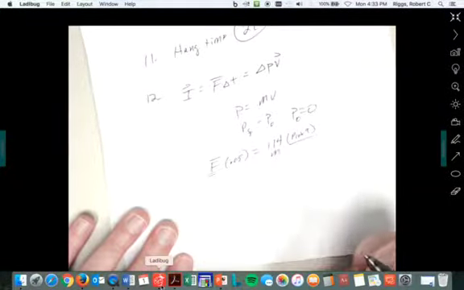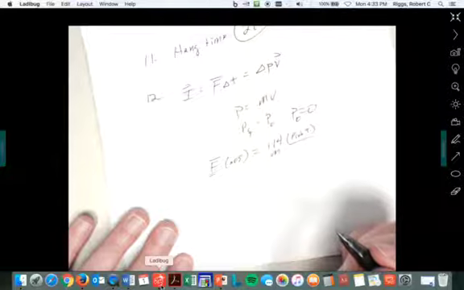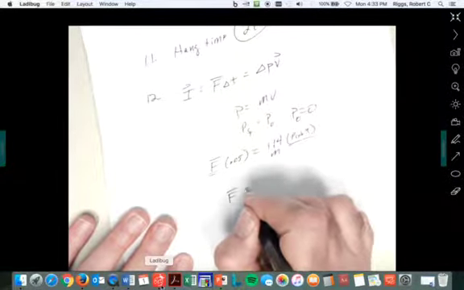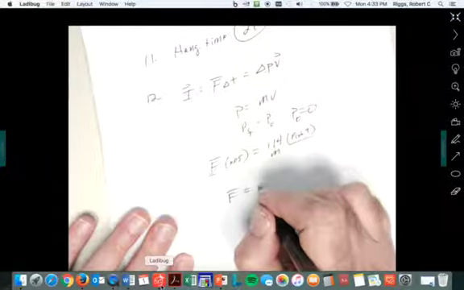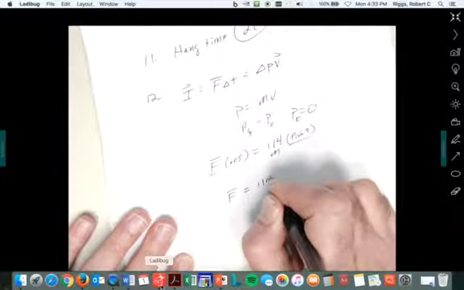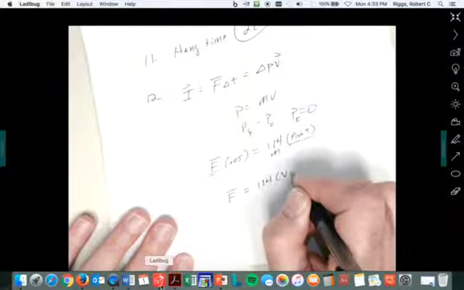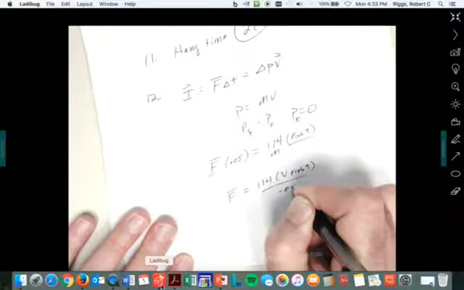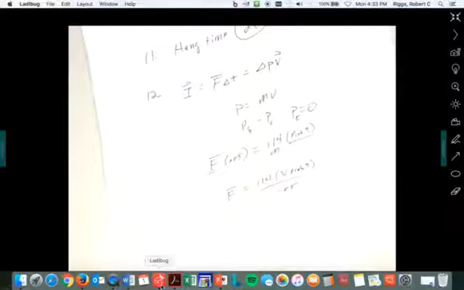The force is the only thing we don't know. That's pretty easy. So the force that he feels is equal to 114 times that velocity from problem 9 divided by 0.05. And it's pretty big. It's a massive amount of force. And if you calculate, it comes out to be about 9 Gs.